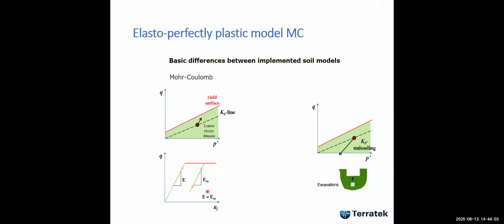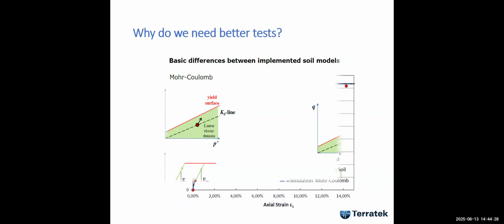E loading is the same as E unloading or reloading. Okay, so for excavation, which I have designed so many in my life, it was a big problem, though I learned later on, but in the beginning that was what was available. And what was wrong? Displacements at the bottom. I will show you some data.